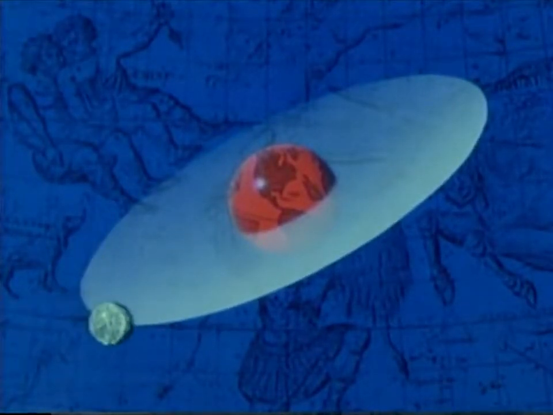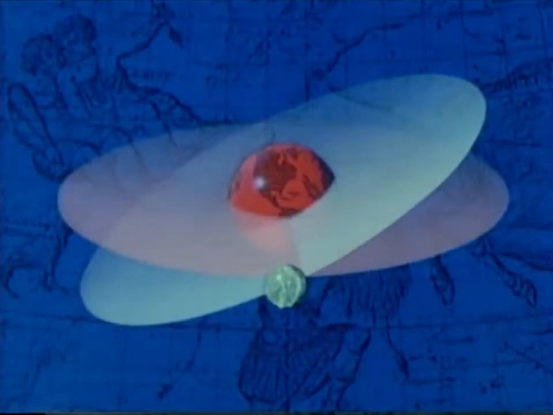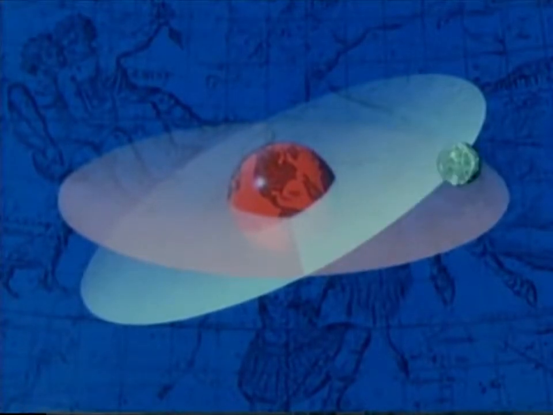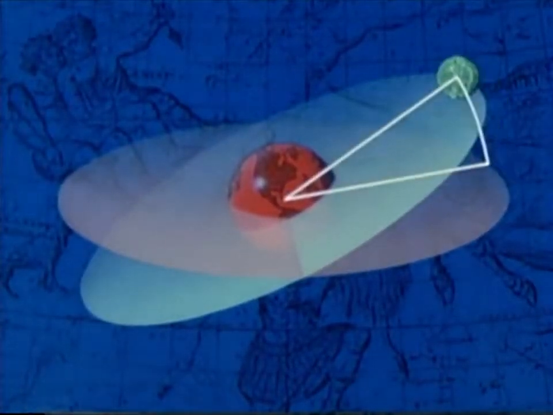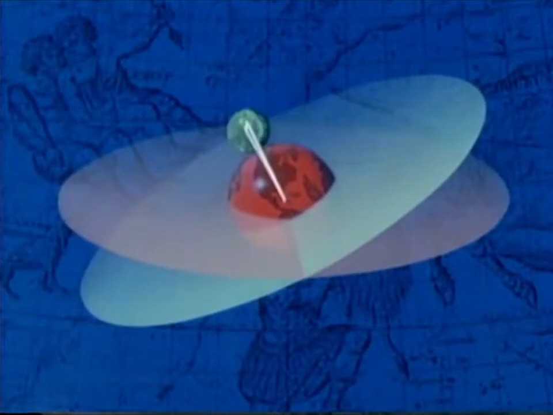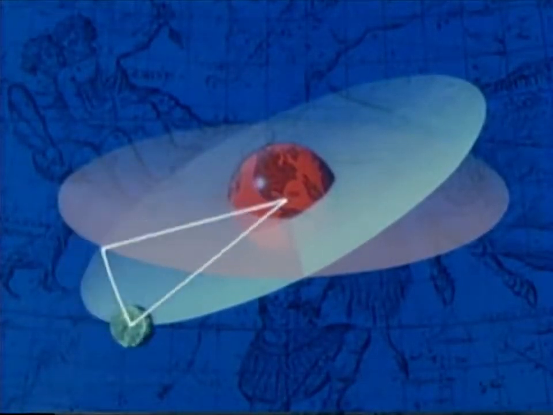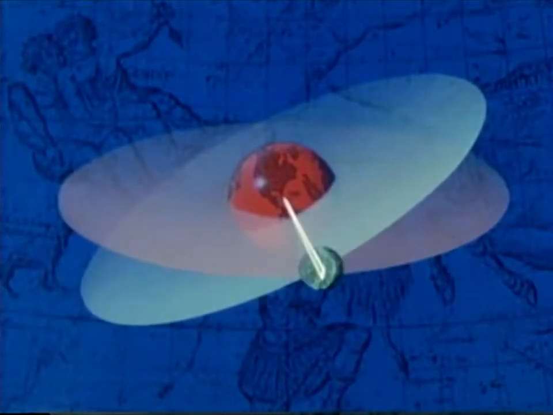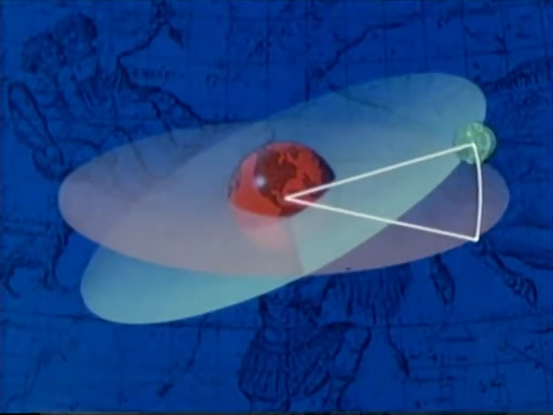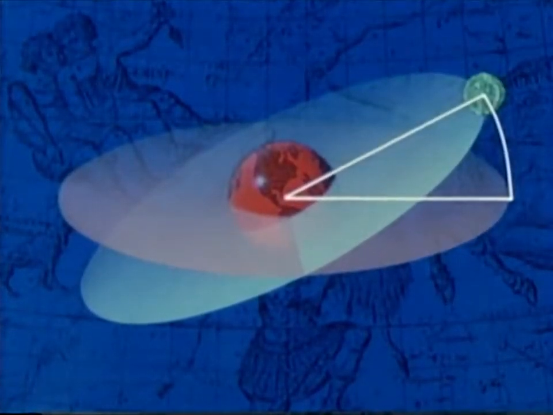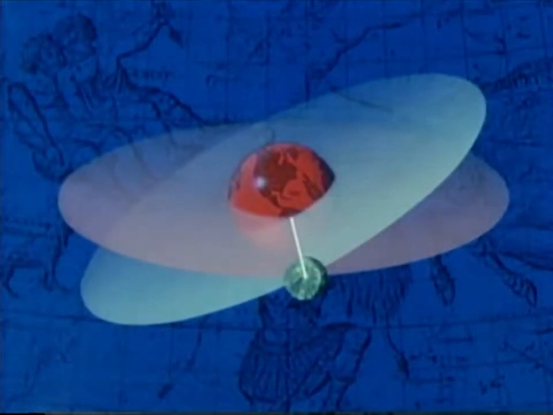The Moon orbit plane is inclined to the Earth's equatorial plane. As the Moon moves around the Earth, it changes its position relative to the Earth's equator. The angle between the equatorial plane and the Earth-Moon line is called the angle of declination. This angle varies from a maximum when the Moon is here to 0 degrees when the Moon is here.